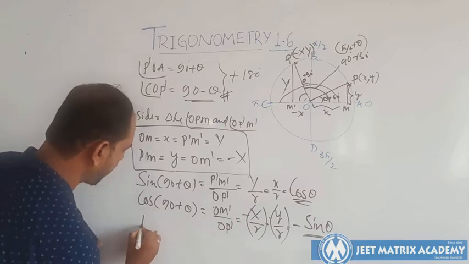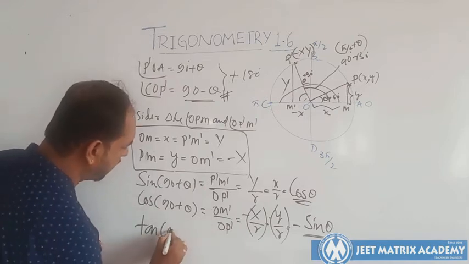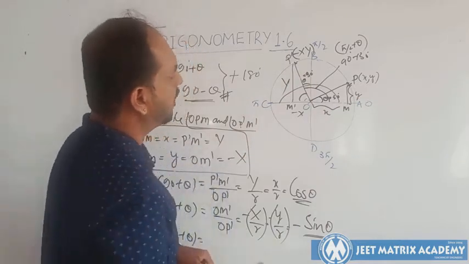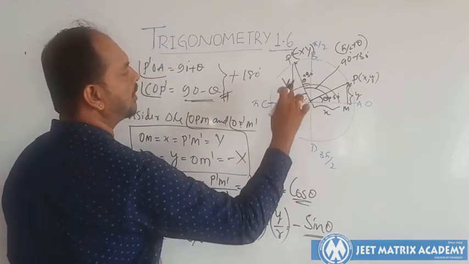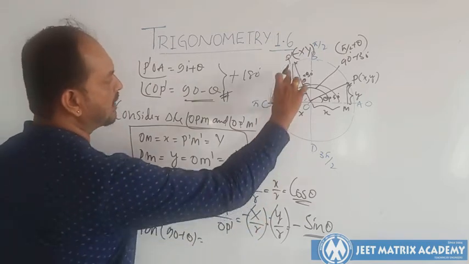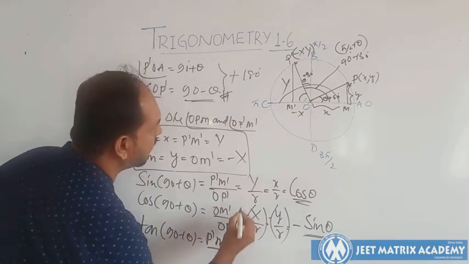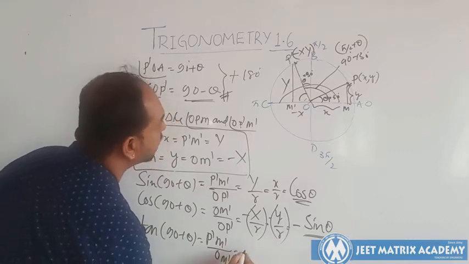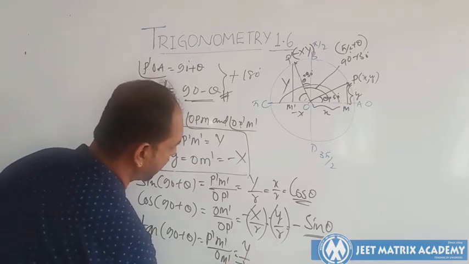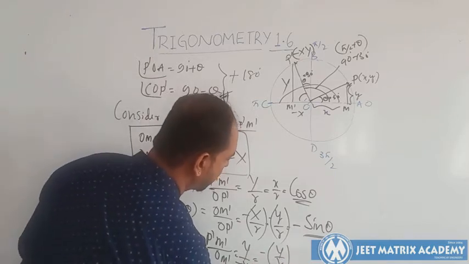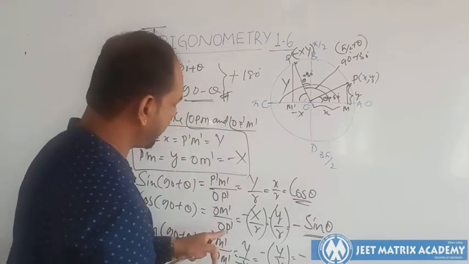Similarly, tan of 90 plus theta. What is tan of 90 plus theta in this quadrant? Opposite side by adjacent, that means P'M' divided by OM'. P'M' is y by minus x. Minus I will take outside, capital Y by capital X. What is capital Y by capital X?